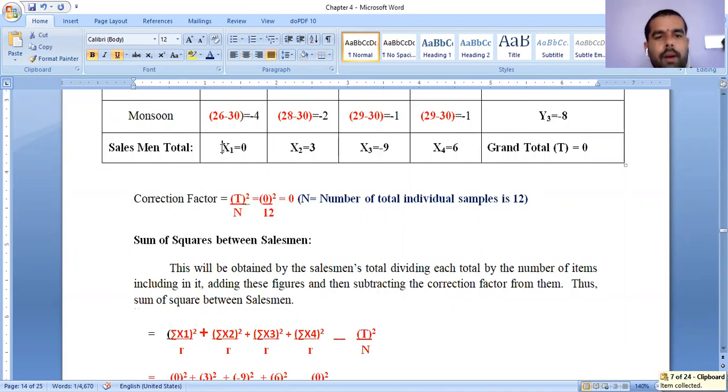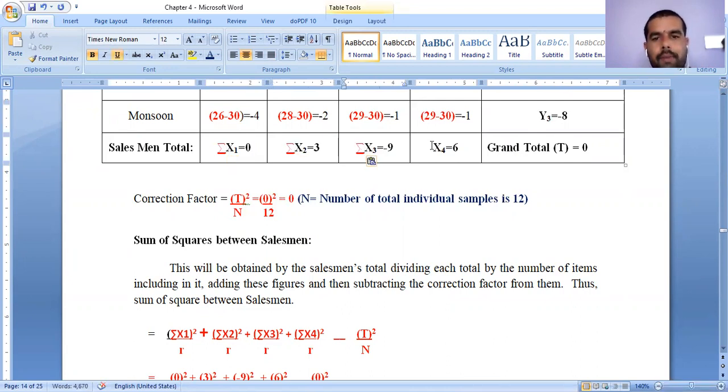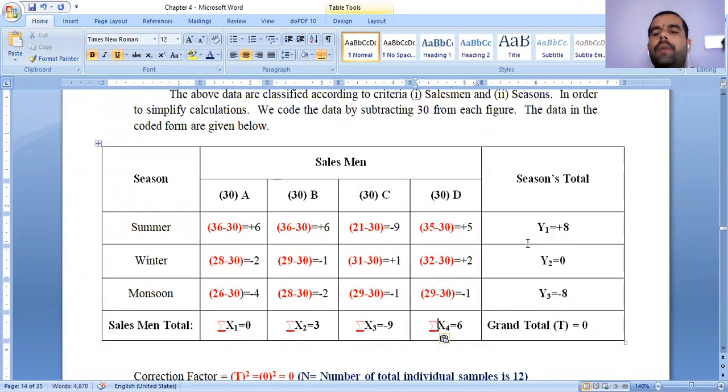According to the situation you have to increase the values. Sometimes, if the row size or column size increases, then sigma y4 and sigma y5 will also be added.